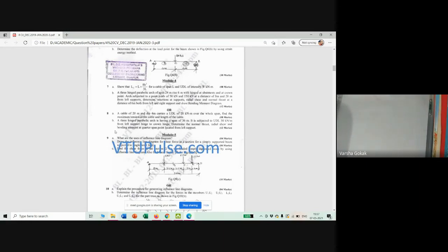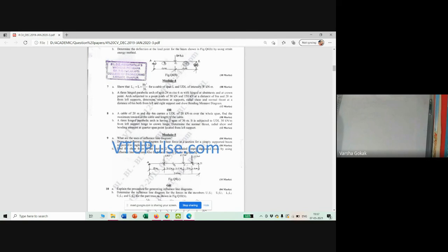Okay, 8B. A 3-hinged parabolic arch is having a span of 36. So L is 36. It is subjected to a UDL of 30 kilonewton per meter from the left support up to the crown, meaning the entire left half is 30 kilonewton per meter. Determine the normal thrust, radial shear and bending moment at the quarter span point located from the left.